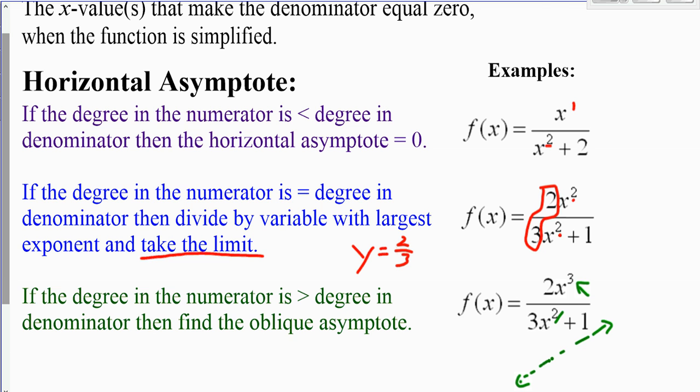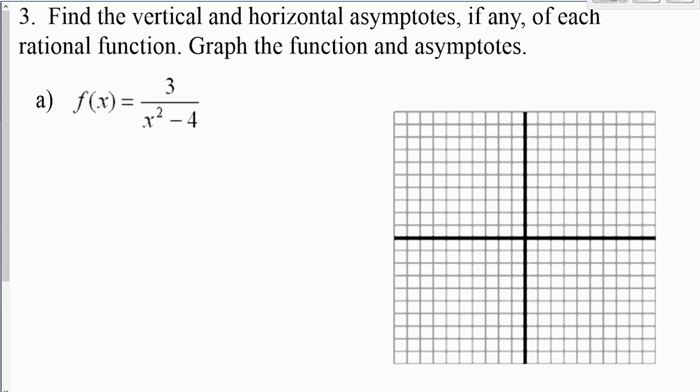So let's look at an example of these. Okay, so here I can see that 3 over x squared minus 4. This is when the denominator has a higher degree. So that means our horizontal asymptote is right here at y equals 0.